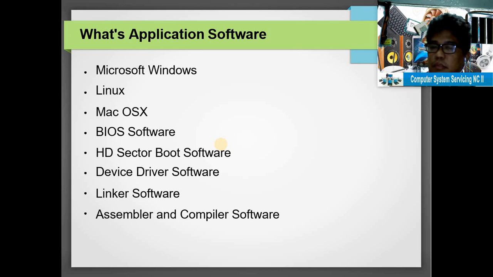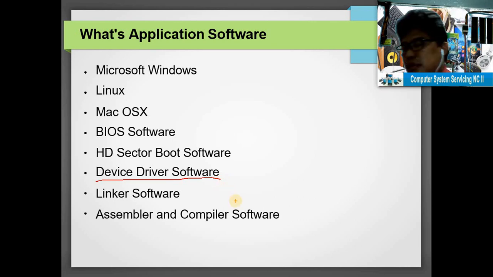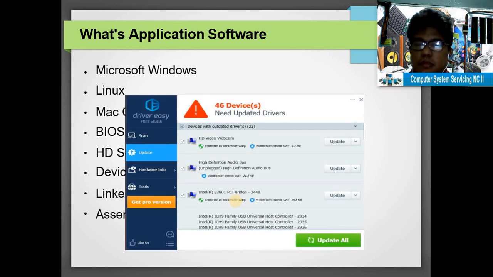And then, we have device driver software. So, when we say device driver software, we have Driver Easy and yung Driver Pack. Okay, ito sa example natin, we have Driver Easy. So, dinidetect niya lahat ng mayroong conflict na driver sa ating computer system.